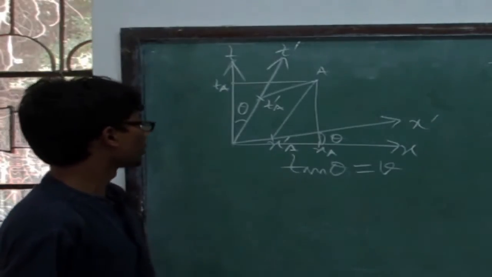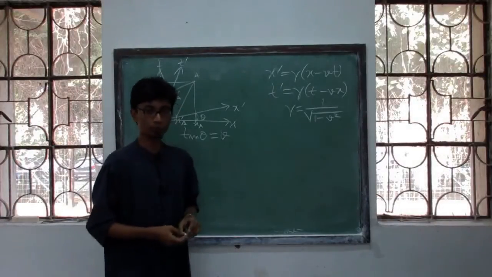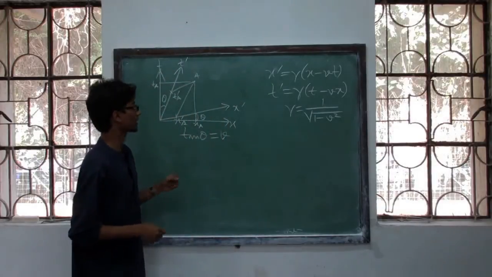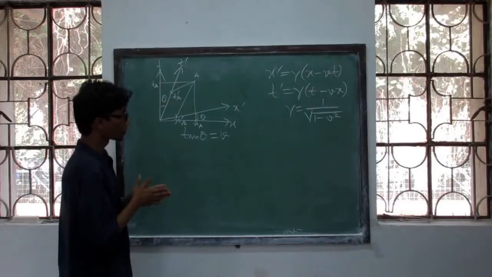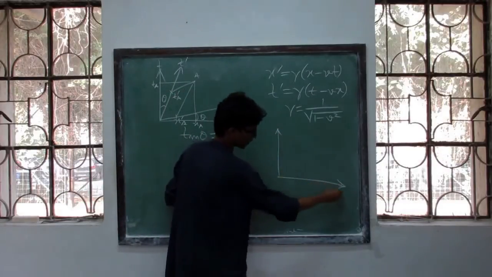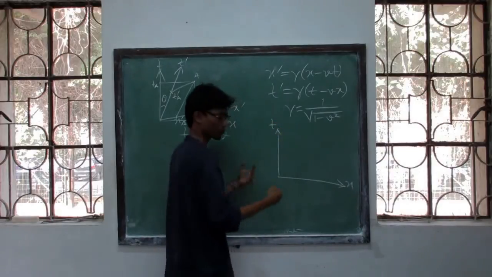This is a Minkowski diagram. Okay, now we'll come to simultaneity. How we define simultaneity geometrically: if you have this x and t, I won't draw the transformed frames.